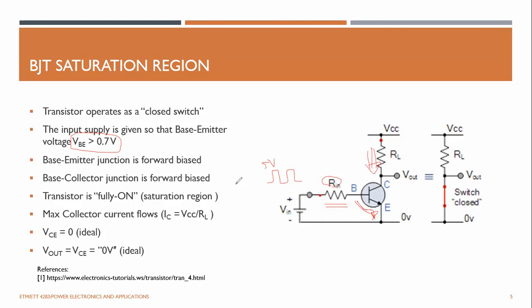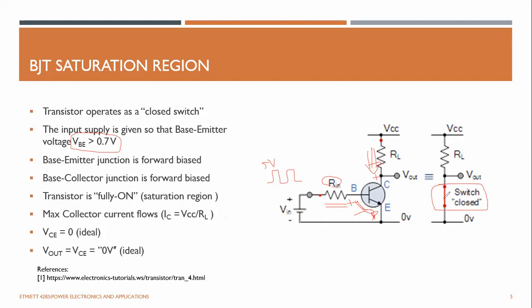At the same time, the base emitter junction is forward biased, plus and minus, and this junction is also forward biased, with high voltage here. The transistor is fully on, moves to the saturation region, and the maximum current will flow. So the IC current is simply, when it is acting in the saturation region, literally a closed switch, which means like a piece of wire.